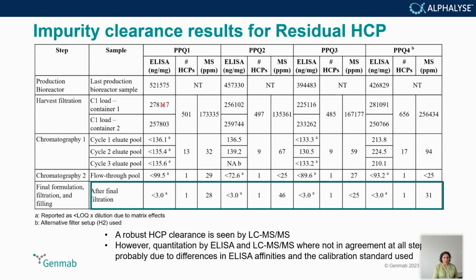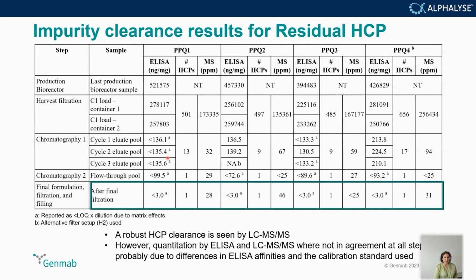But one thing we can see, looking at the number of HCPs and also the ppms by LCMS, is that we have a robust clearance through all 4 PPQ batches, resulting in only one protein left in the drug substance.